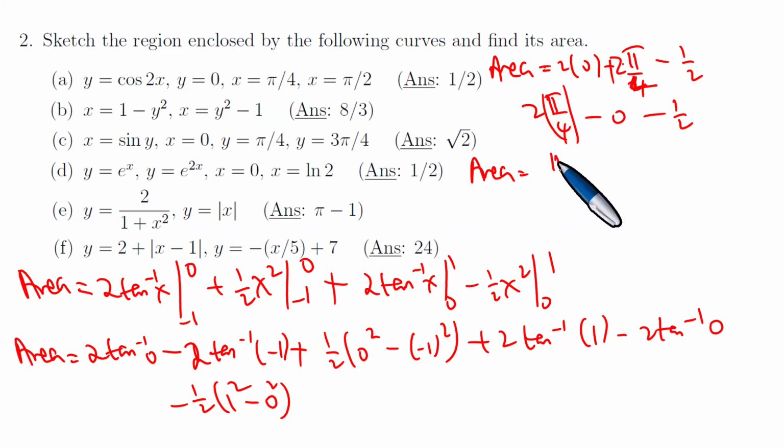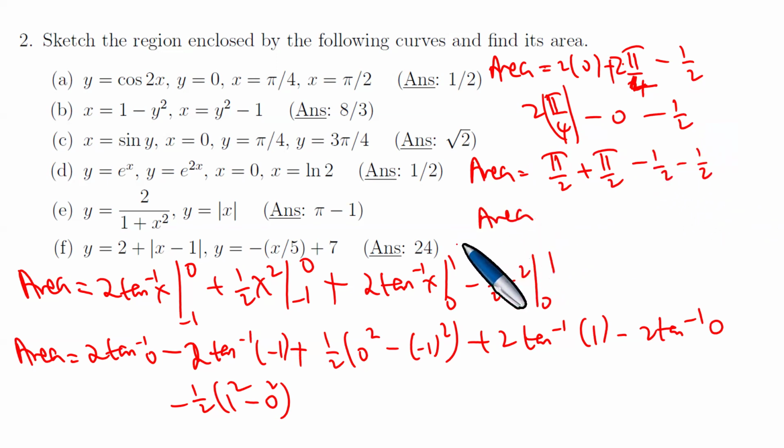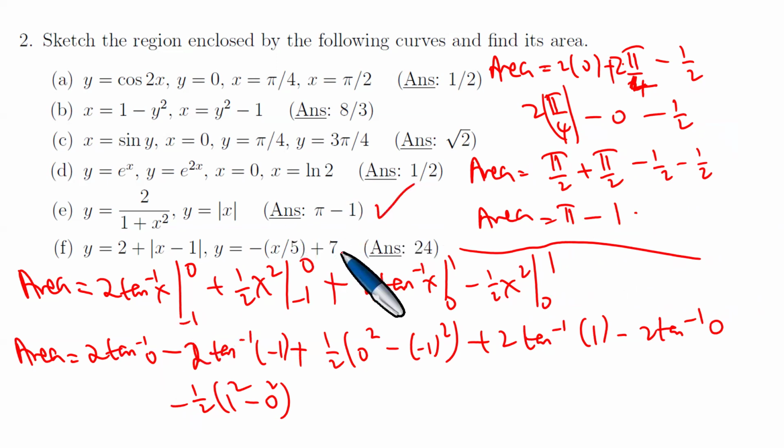So that we have pi over 2 minus half, and the area becomes pi over 2, which is actually pi minus 1, which is this. Okay, so think about it and check this out. We found the answer to be the area, which is pi minus 1.